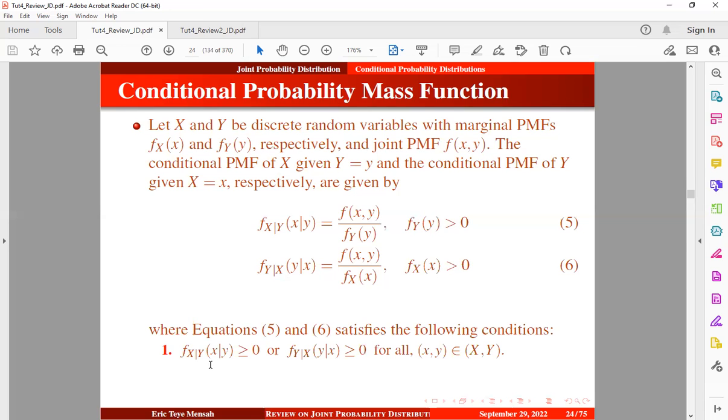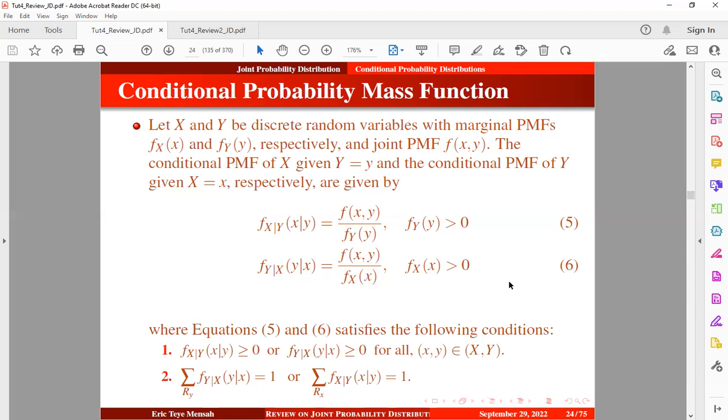The conditional PMF of X given Y is non-negative for all values of X, as well as the conditional PMF of Y given X is non-negative for all values of X and Y. And also the sum over the region of Y of the conditional PMF of Y given X is equal to 1, and the sum over the region of X of the conditional PMF of X given Y is also equal to 1.